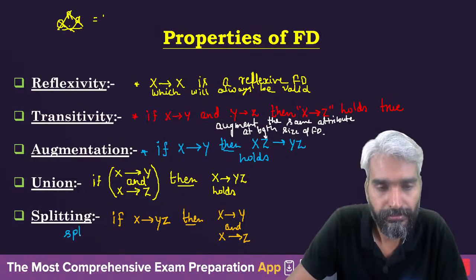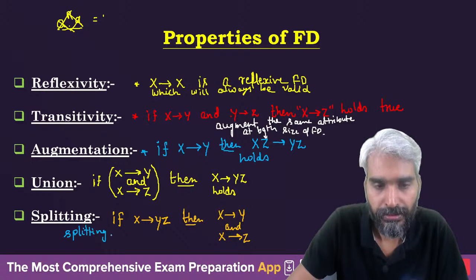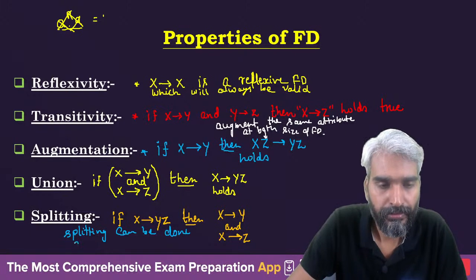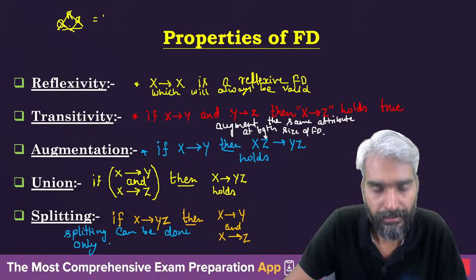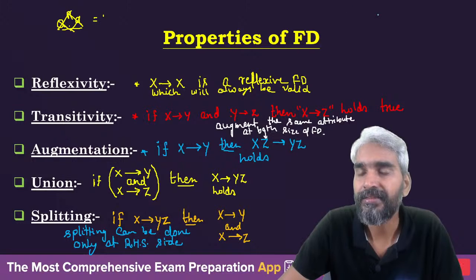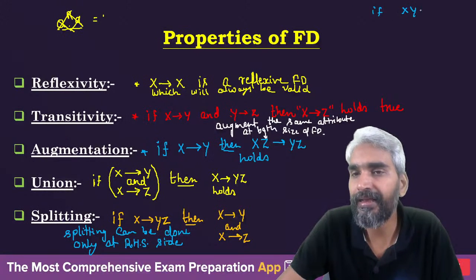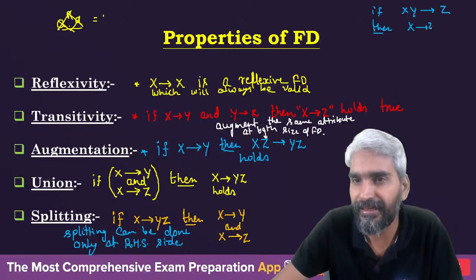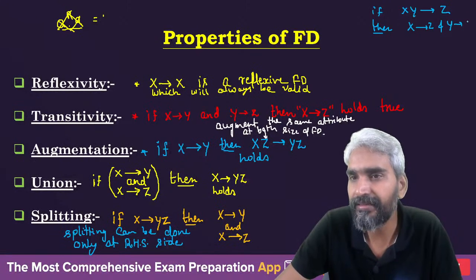What do you mean when I say only at the RHS side? That means if XY implies Z, then you cannot split the LHS, that okay, I can write X implies Z and Y implies Z. This need not hold true.